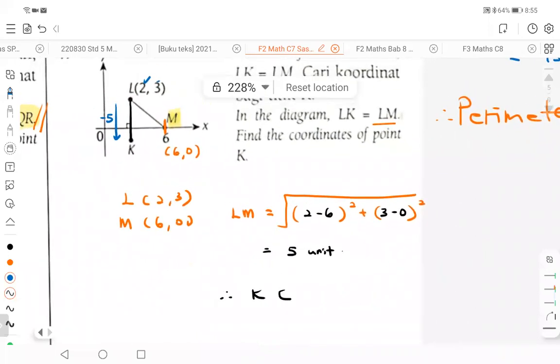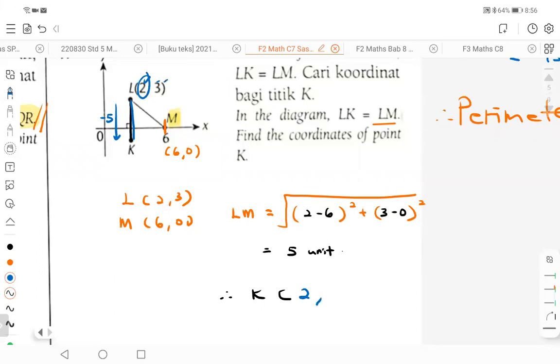What is the coordinate of point K? Same x with point L. So it should be 2.